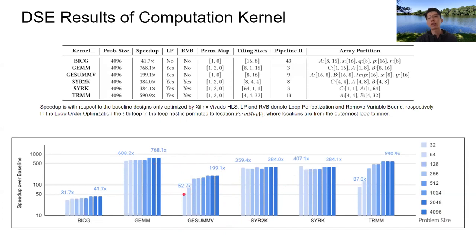This is because for small kernel sizes, the design space is also small, which constrains the DSE engine from fully utilizing all the computational resources on the target platform. But overall, this figure is trying to show that the scalability of our DSE engine is quite good.